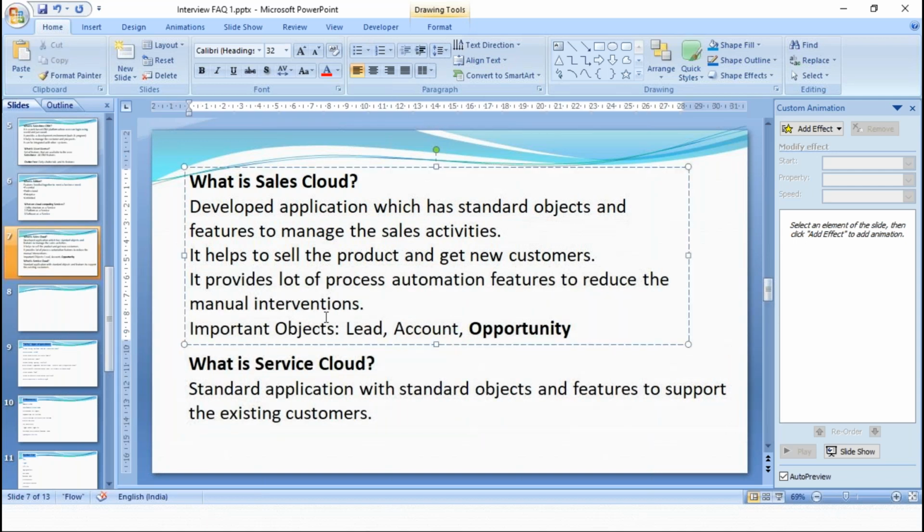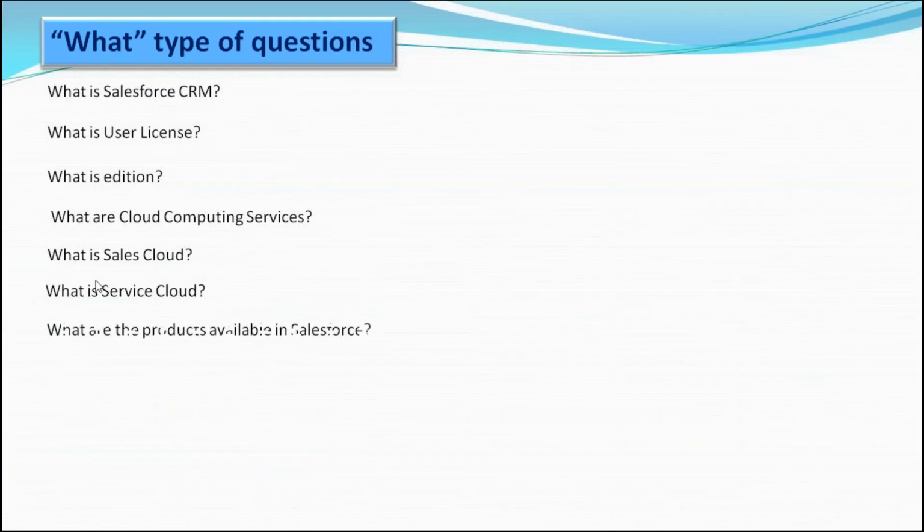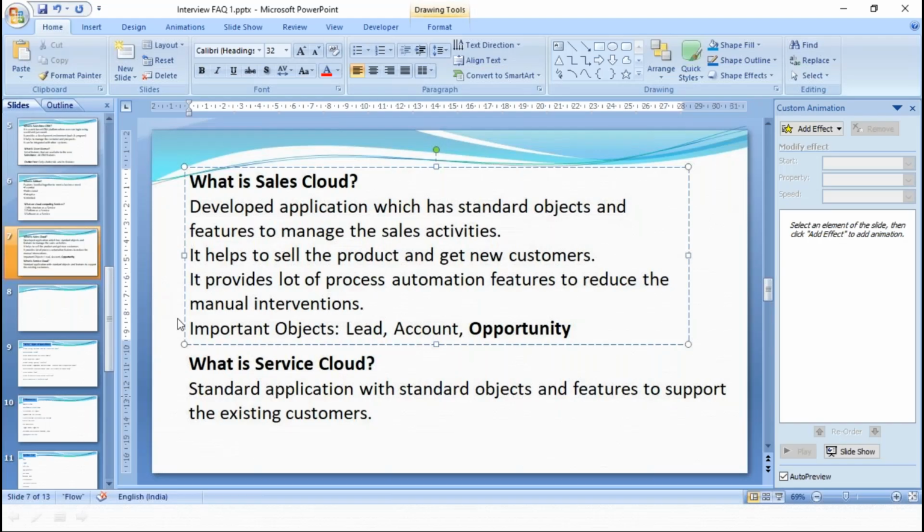I hope you are able to elaborate on this. And what are the products available? It's not just that Sales Cloud and Service Cloud are the products. We have different products in Salesforce.